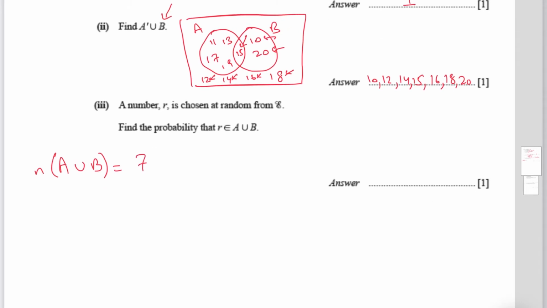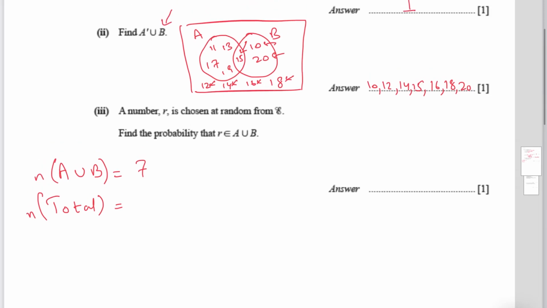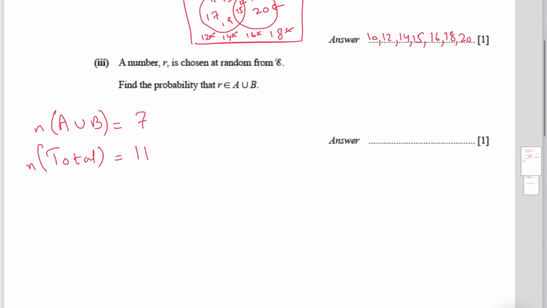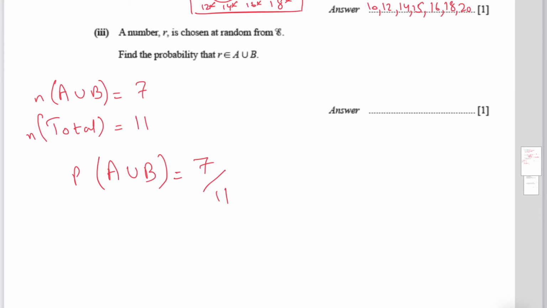The total number of elements in the Venn diagram is 1, 2, 3, 4, 5, 6, 7, 8, 9, 10, 11. So the probability of choosing a number from A union B would be 7 over 11, because there are 7 possibilities out of a total of 11. So you write 7 over 11 over here.